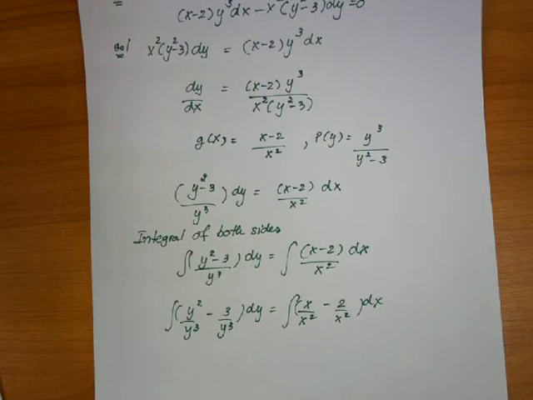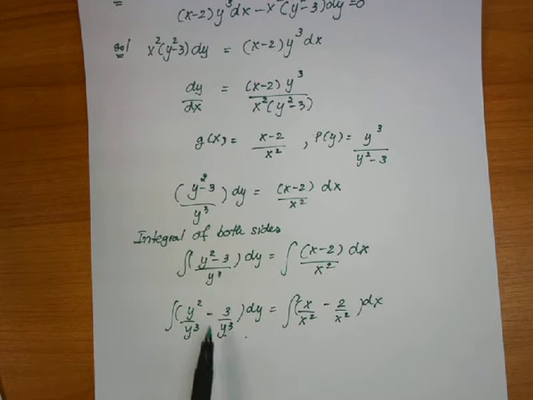When you add or subtract fraction terms that have the same denominator, you can add or subtract the numerators. So I just do the reverse of that property, and we can separate it into two terms.